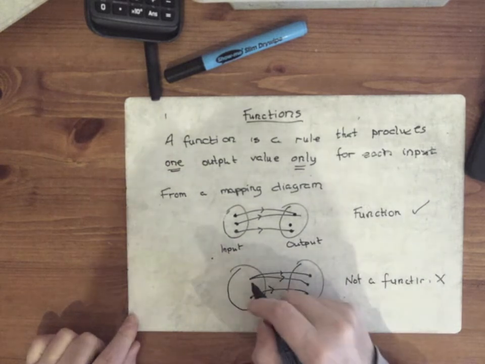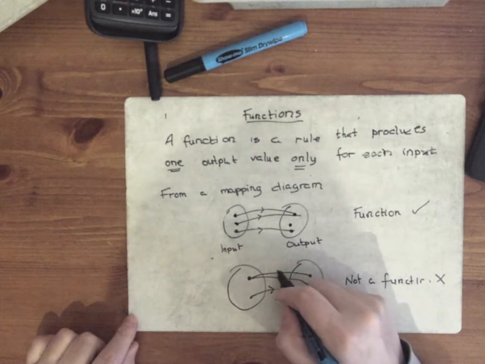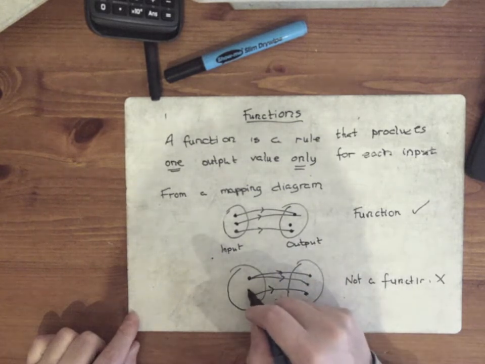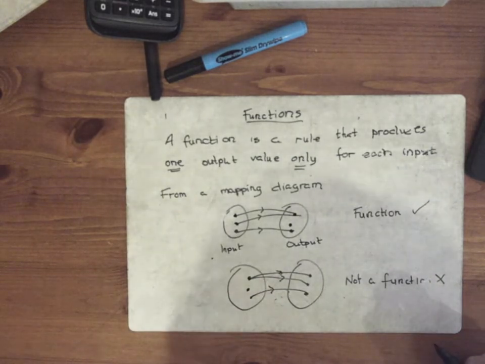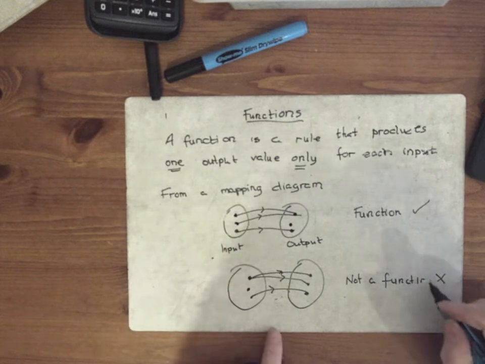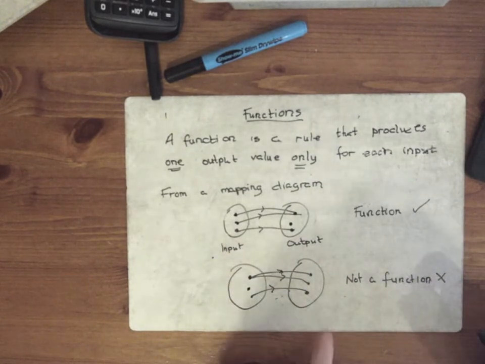This one is not a function, because there's two arrows leaving the first point. Another reason for it not to be a function would be if there was a point with no arrow leaving it. So there has to be exactly one arrow leaving for it to be a function. The first one is a function, the second one is not.